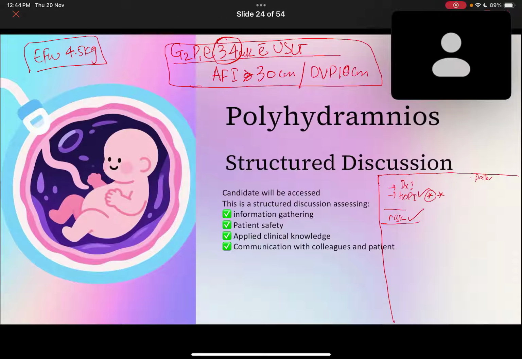Keeping in mind all these things, I will plan her delivery and follow up with a 2 weekly ultrasound. As she is 4.5 kg, I will plan her cesarean section at 37 to 38 weeks, as her liquor is increasing and the baby's weight is more than 4.5 kg.